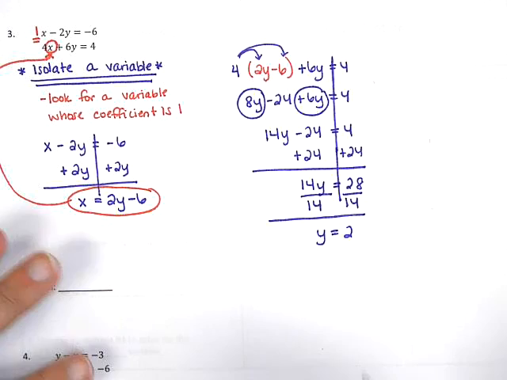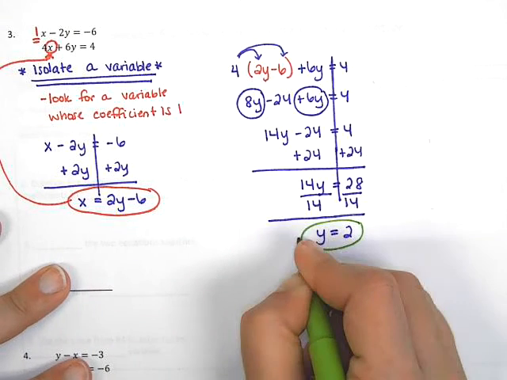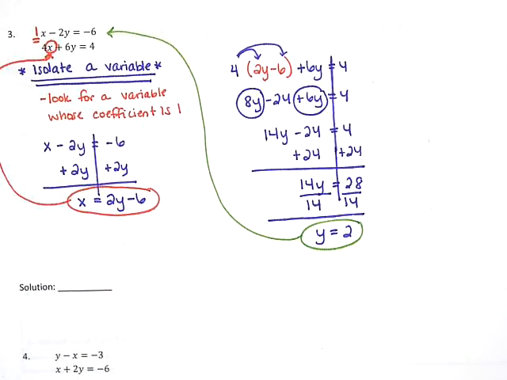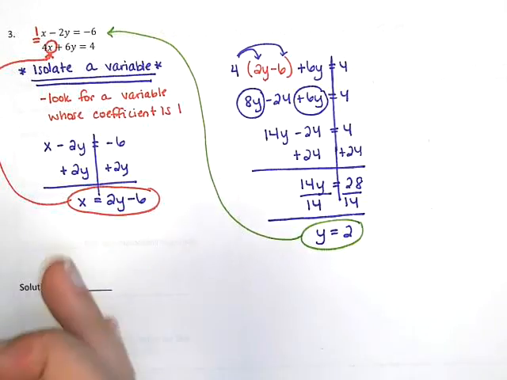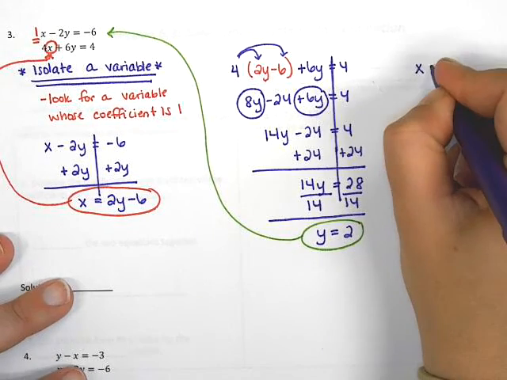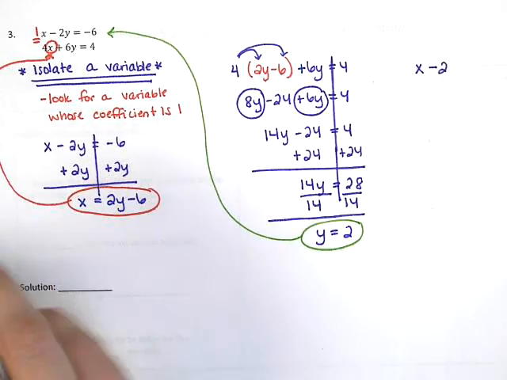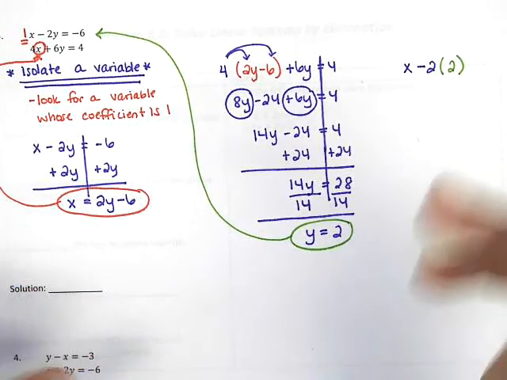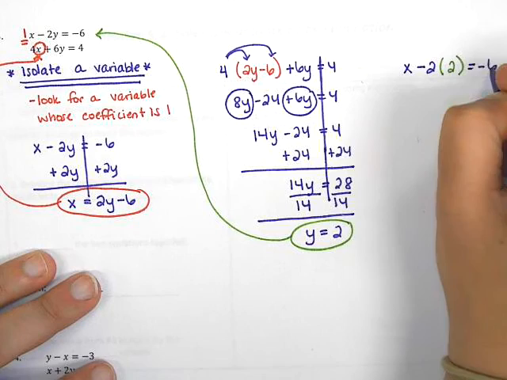After I know that y equals 2, I'm going to take that number and plug it into either one of the original equations. I always use the first one, and I would get x minus 2 times (2) equals negative 6.